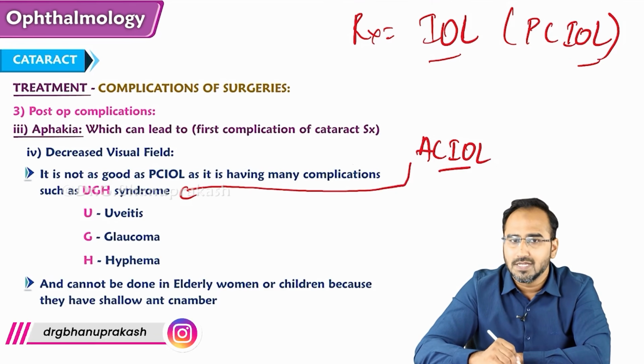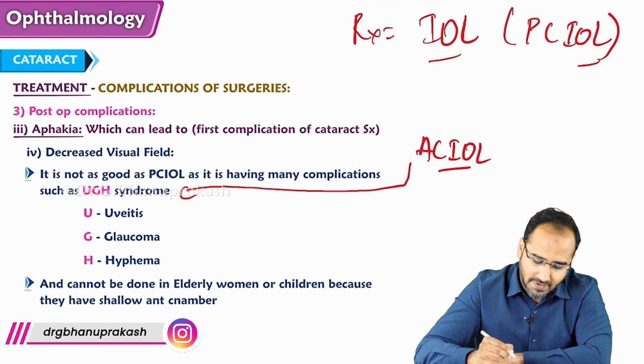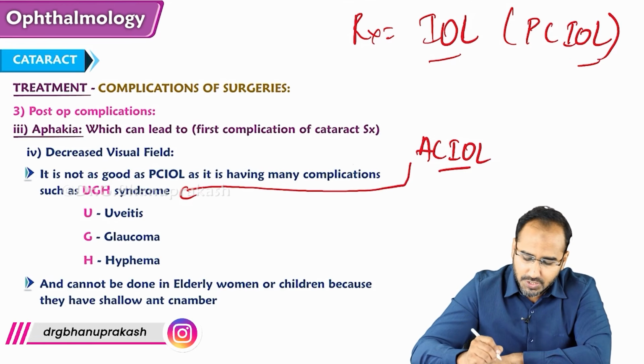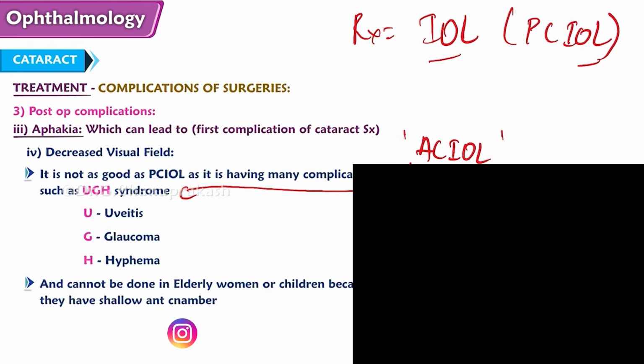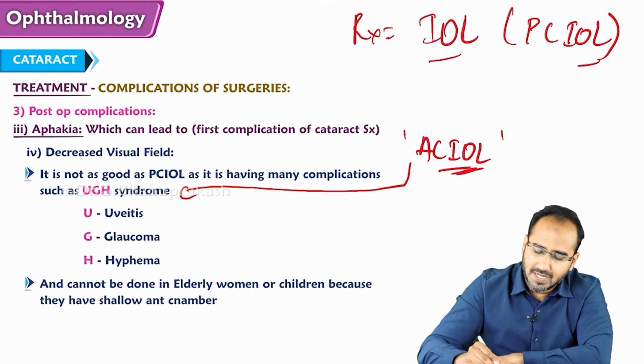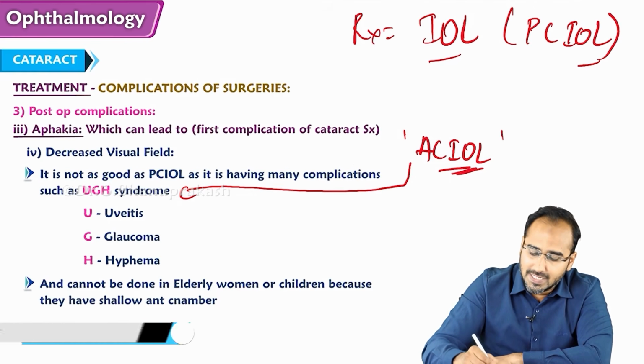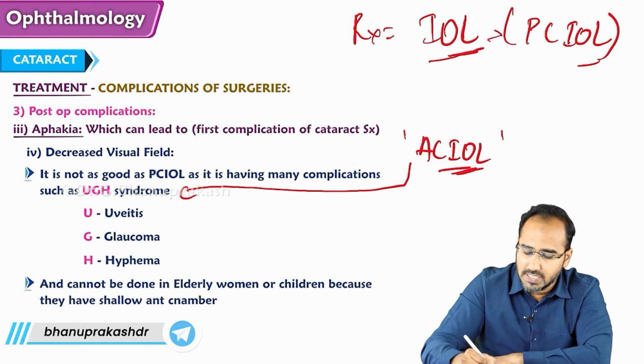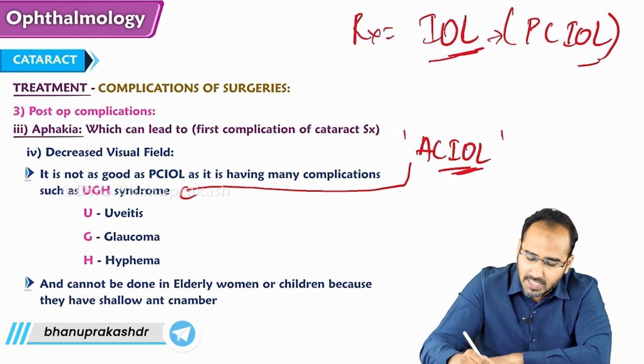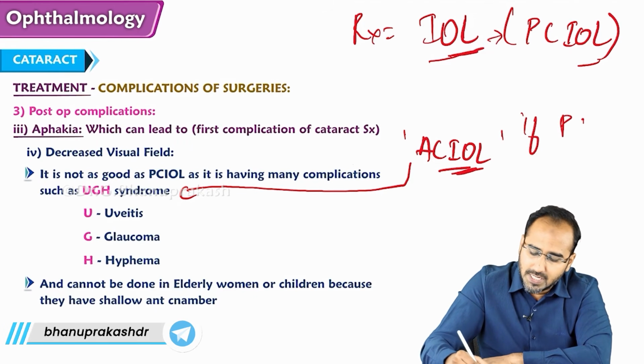What is UGH? Uveitis, glaucoma and hyphema syndrome. So remember, guys, for aphakia, the treatment of choice is PC-IOL. AC-IOL can be done if the posterior capsule is ruptured.